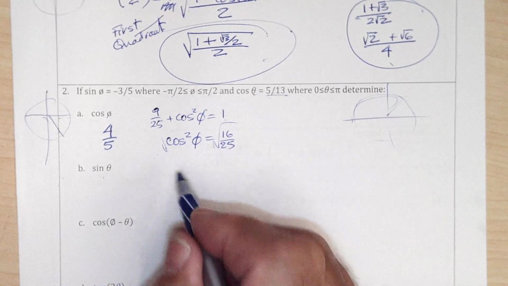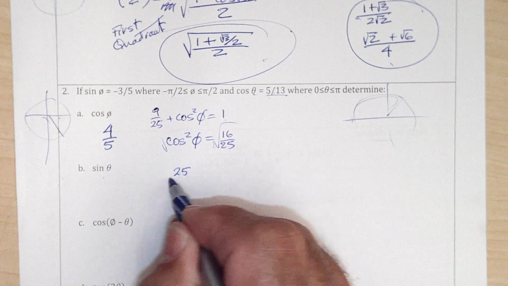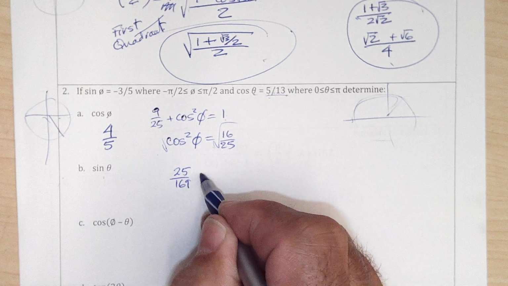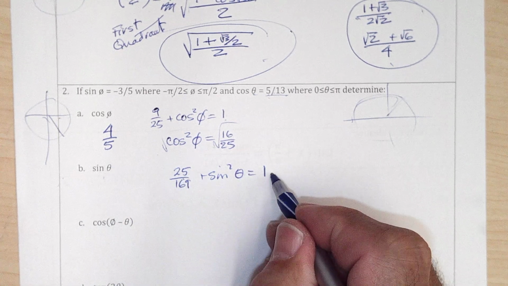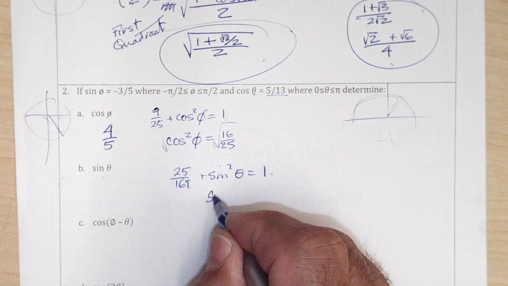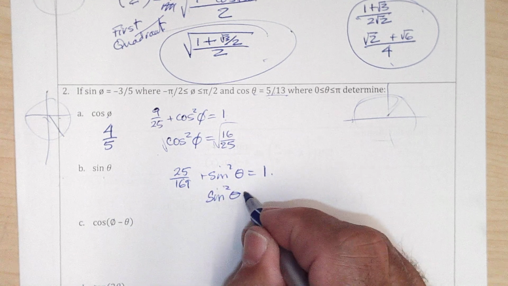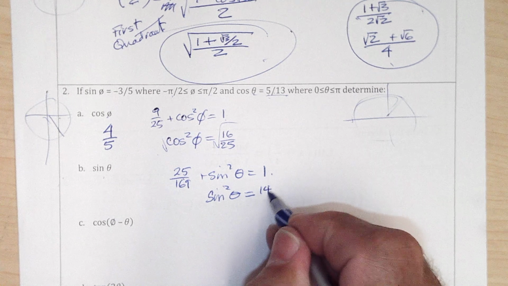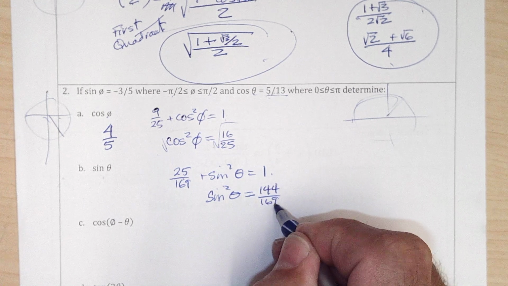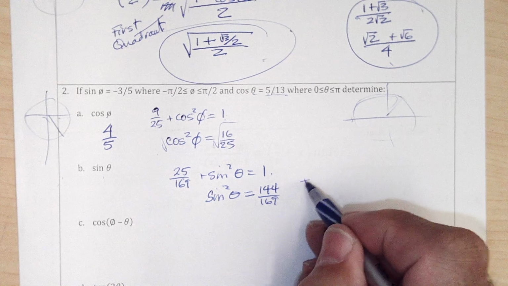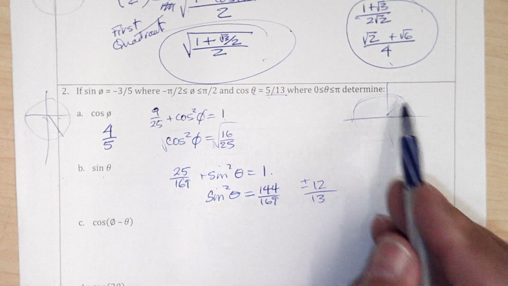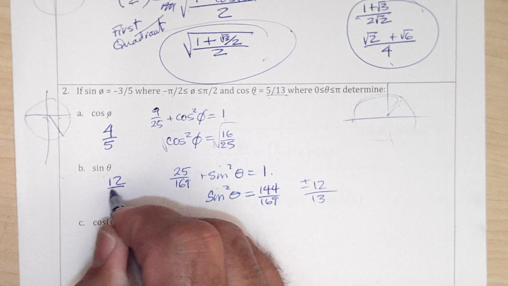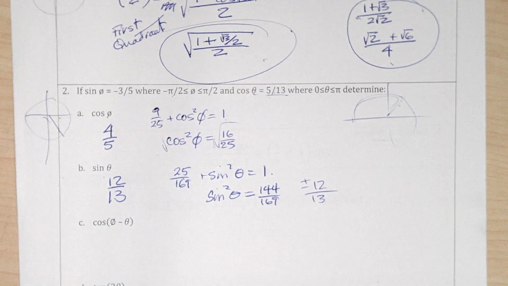So when we square the cosine plus the sine squared equals 1, we subtract that from 1, and we get sine squared theta is 144 over 169, and so sine is either plus or minus 12 over 13, but if we're in the first quadrant, it's got to be 12/13.